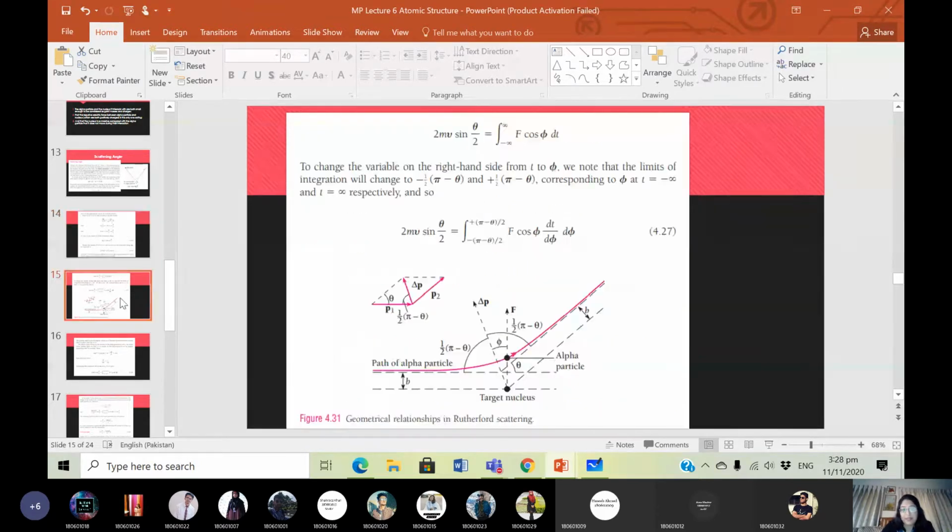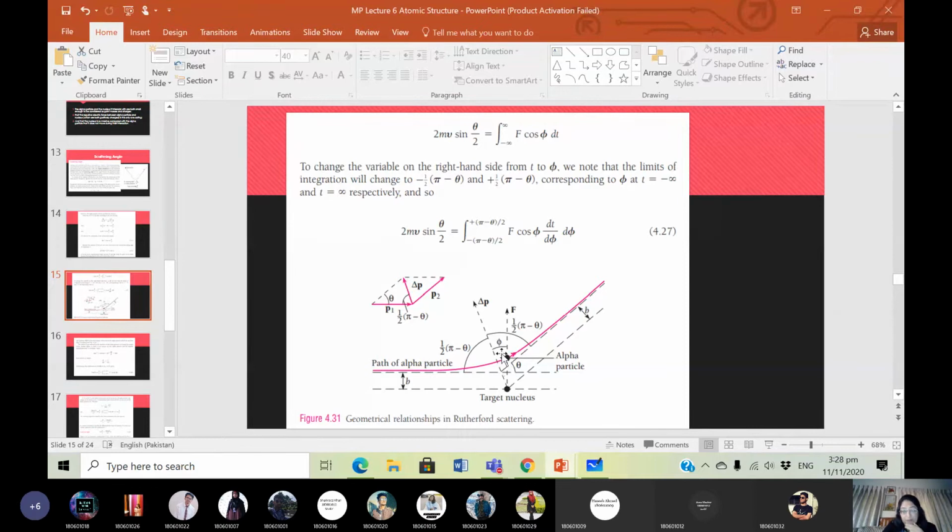So if we go back to this diagram here, if the alpha particle was at this point and the nucleus is here, the force would be in this direction, right? The force is a repelling force.